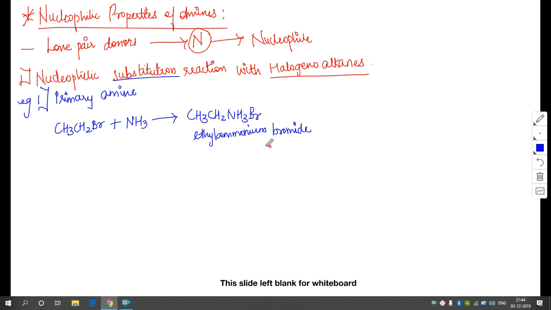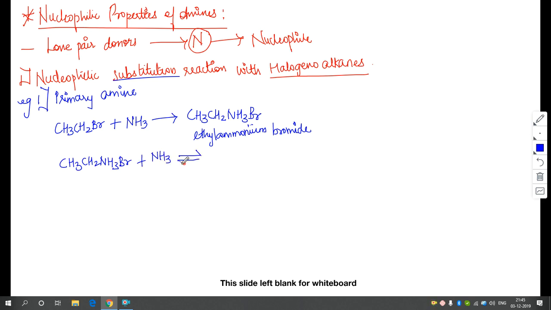Now, when this salt reacts with excess ammonia, in the mixture it loses one of the hydrogen ions and forms a primary amine. So we use the same product to form the proper amine. The reaction is CH3CH2NH3Br, ethyl ammonium bromide again, with ammonia.